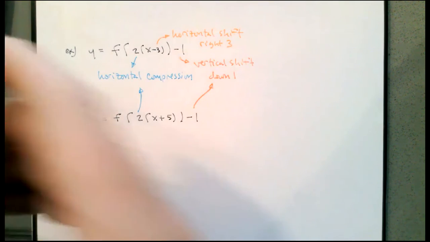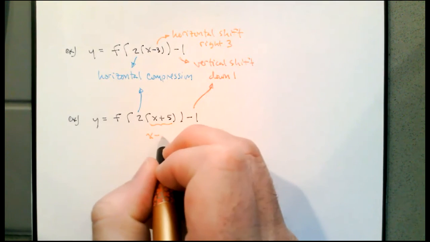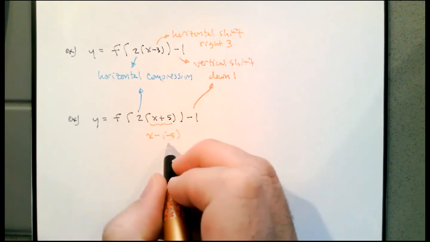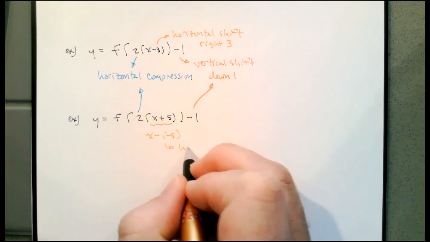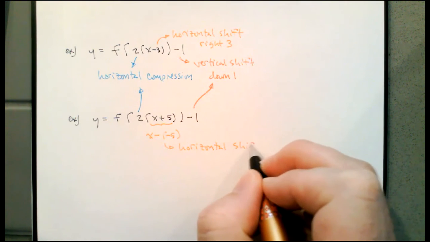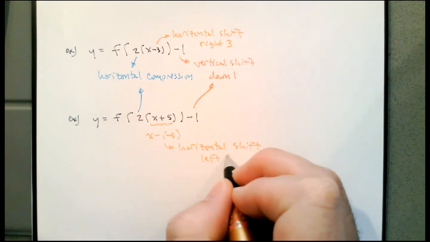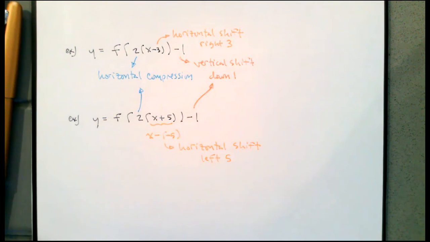But since it says plus 5, we read this part of the function as x minus a -5. And then we see it's a horizontal shift to the left 5 units. Think about what gets you to 0. If it says x plus 5, it's a -5 that gets you to 0. -5 is left 5.